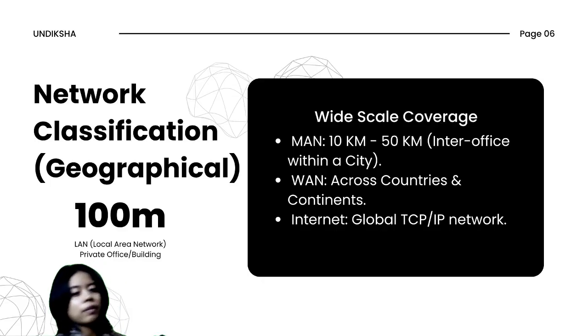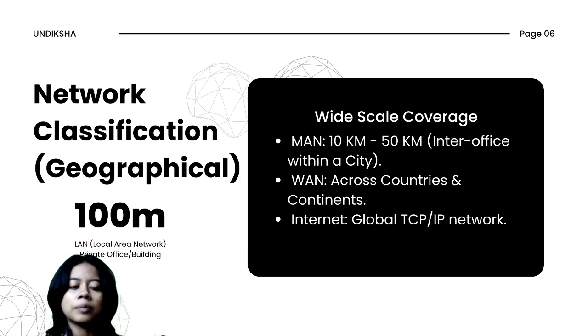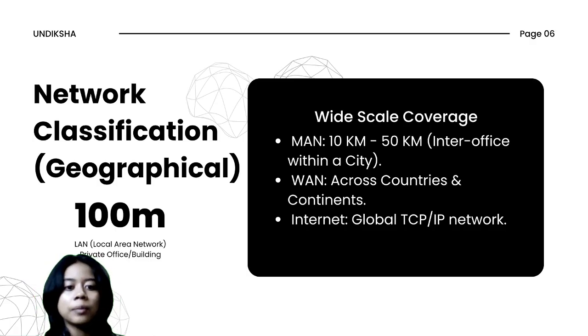Next, when evaluating networks from an administrative or architectural perspective, we classify them based on their physical and geographical footprint. The most localized tier is the LAN, or local area network, which typically spans an individual private office, a single building, or a school laboratory room.